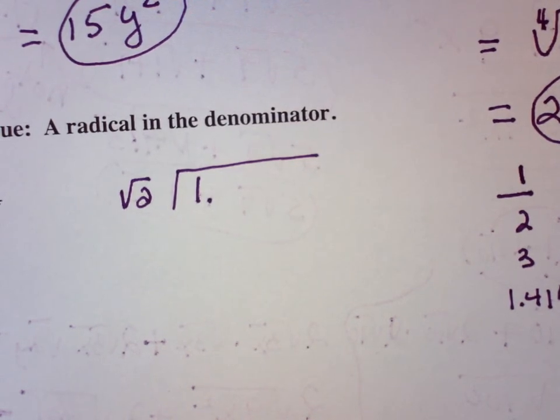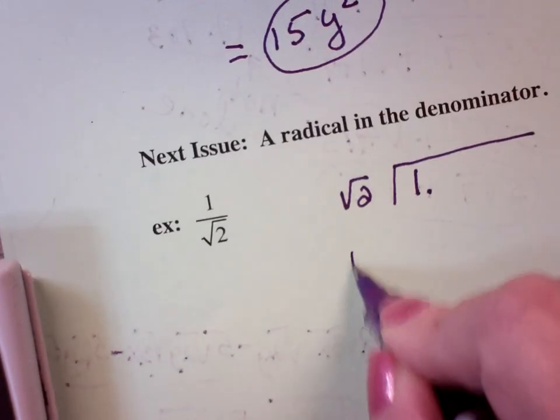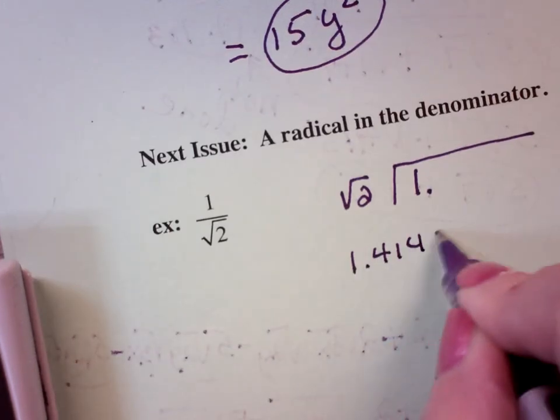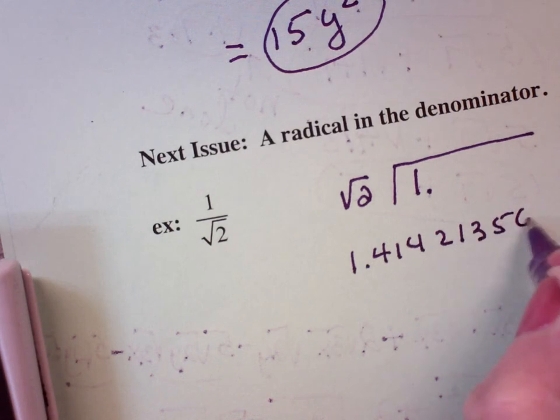Before calculators. So if you think about it, if you were working before calculators, you had to have a method which would make it easy to do. Because if I look at the square root of 2, this decimal division would be 1.414213562 divided into 1 point.